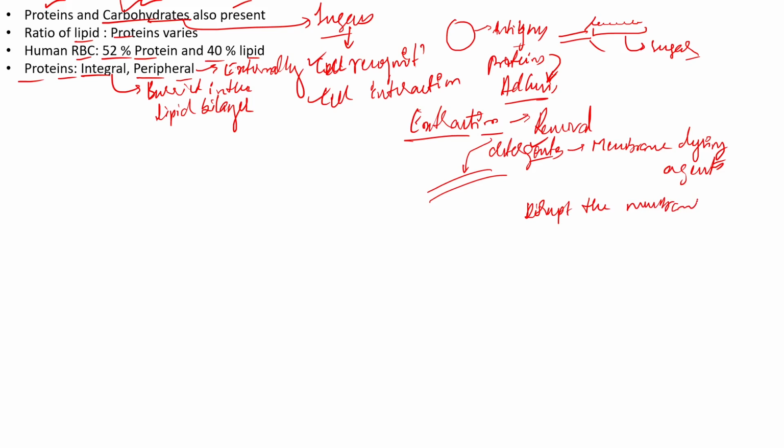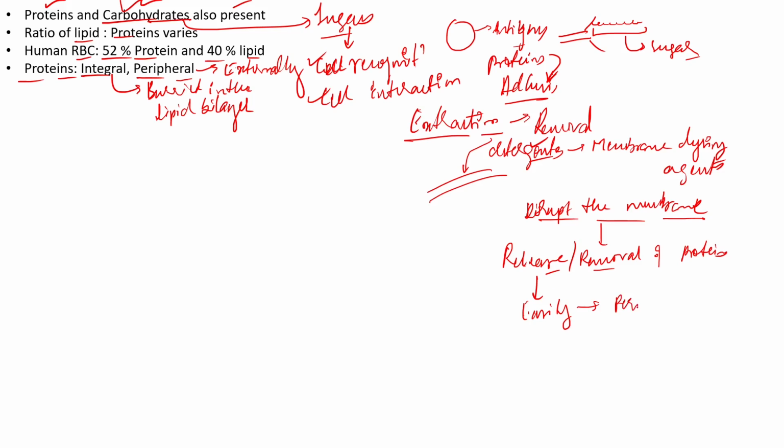We can disrupt the membrane, and this disruption of a membrane can cause the removal, or we can say release, of proteins. So if the proteins can be easily removed, then we can say it is mainly peripheral.